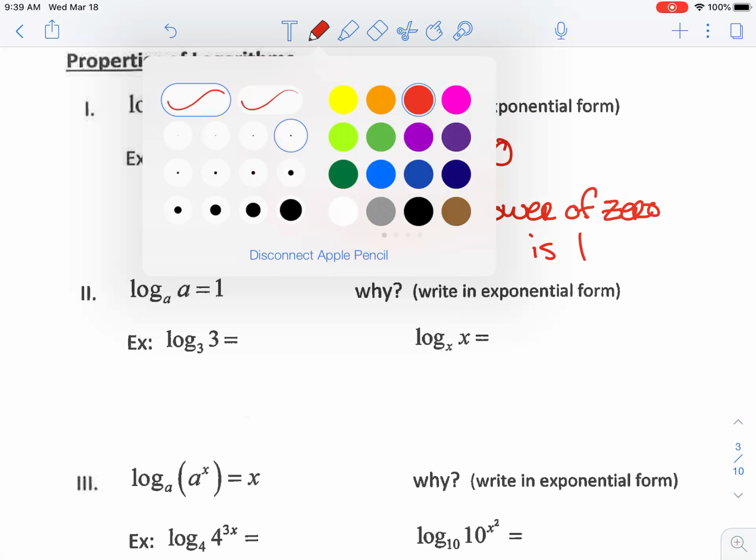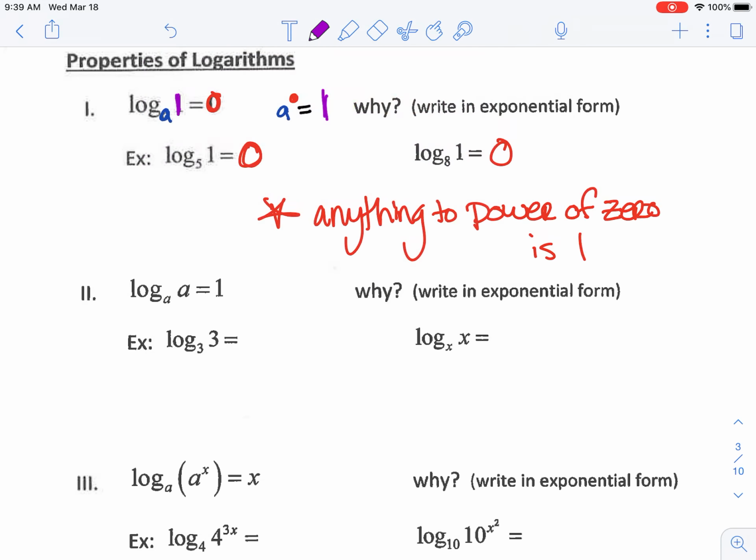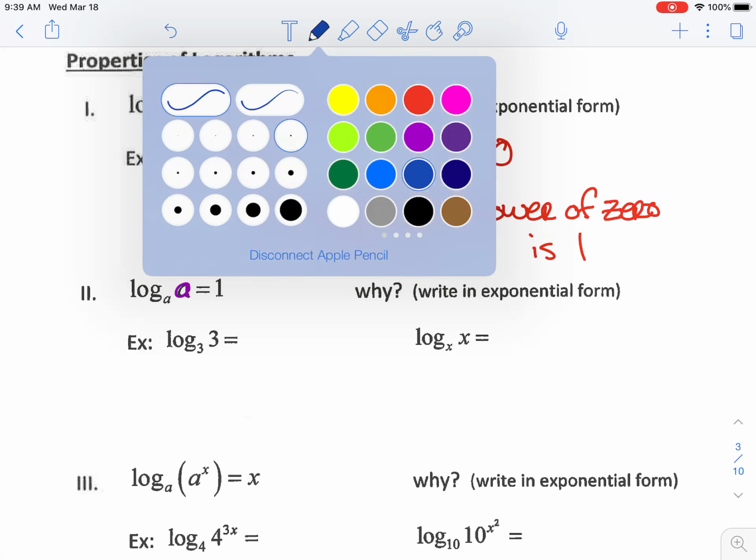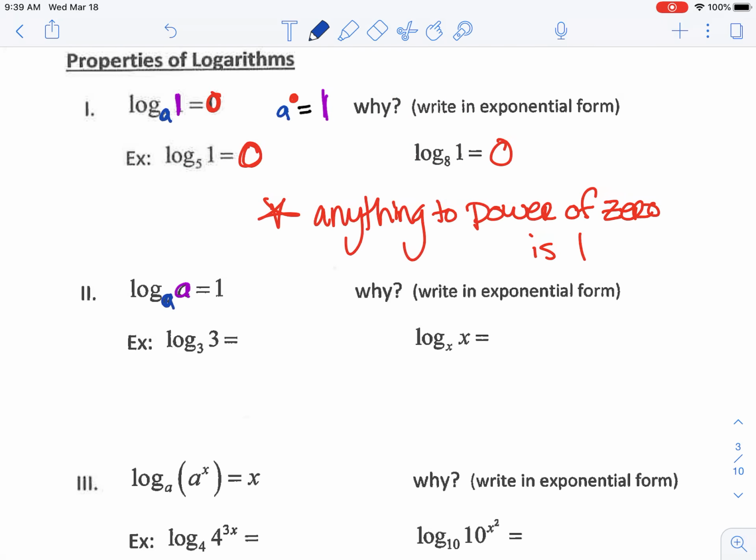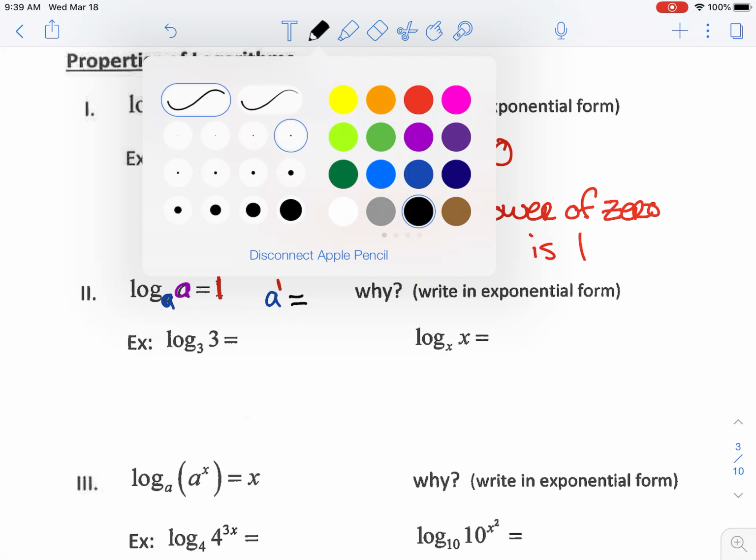Okay. So then I have this going on. And it's like, anything to the first power is itself.